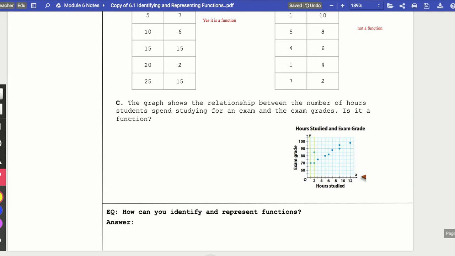Because the vertical line goes through 2 points, I'm going to mark it there: it goes through this point right here and this point right here. This is not going to be a function because the line went through 2 points. If it only went through 1 point all along, then it would be good. But because my vertical line crossed 2 points, it's not a function.